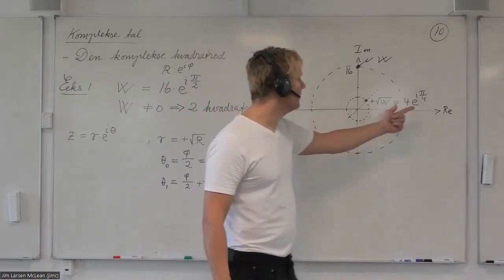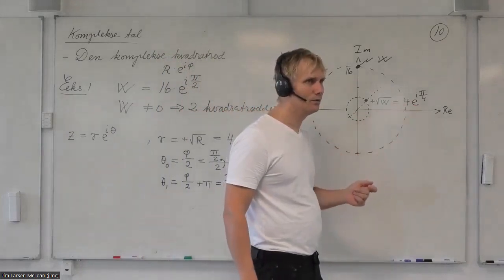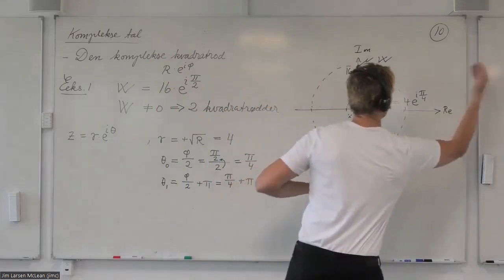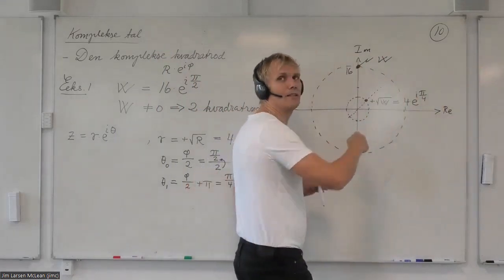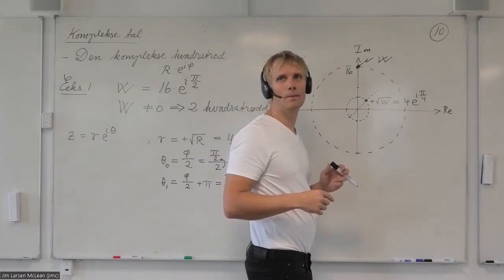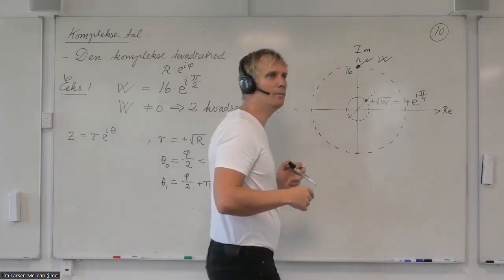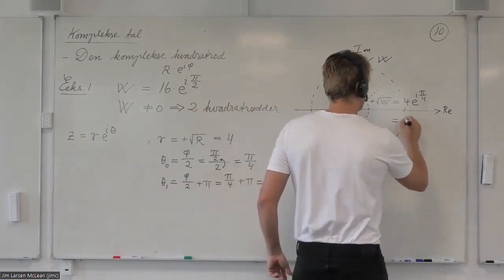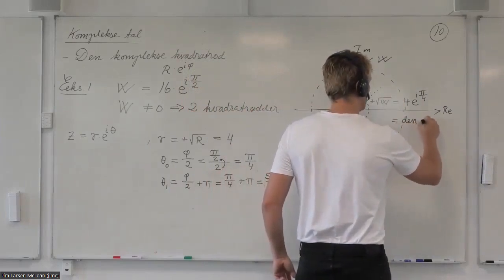By the way, this is called the principal square root. All the square roots that lie over here in the first quadrant are called principal.